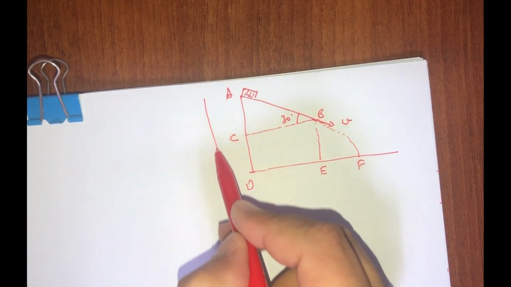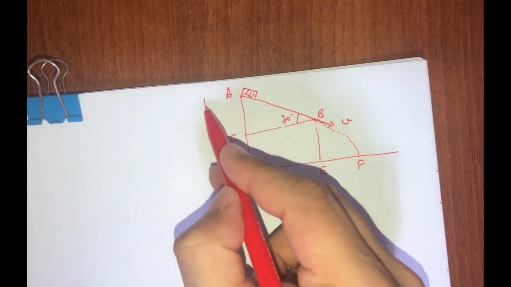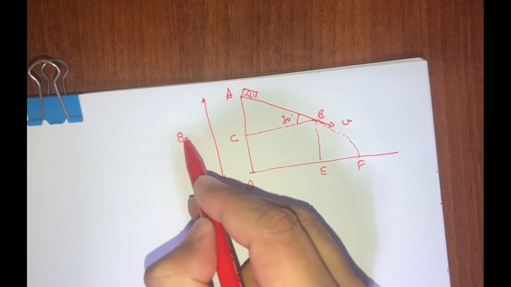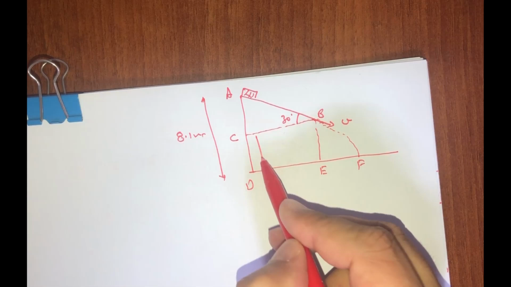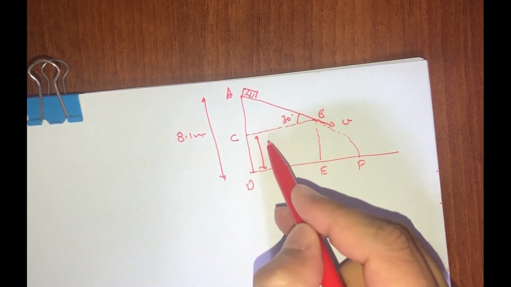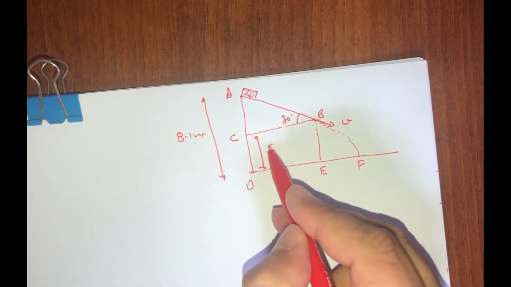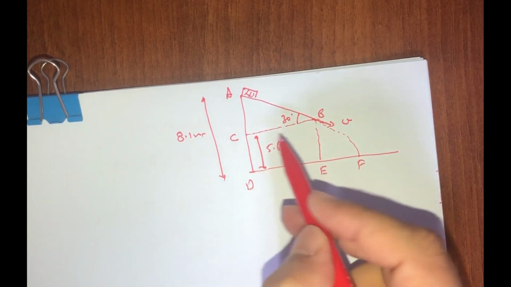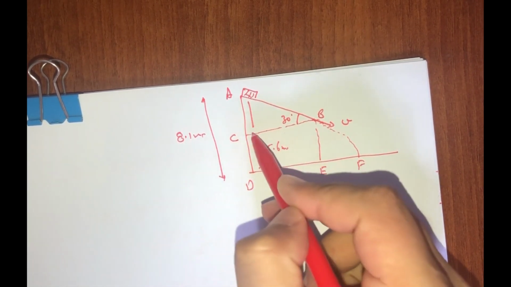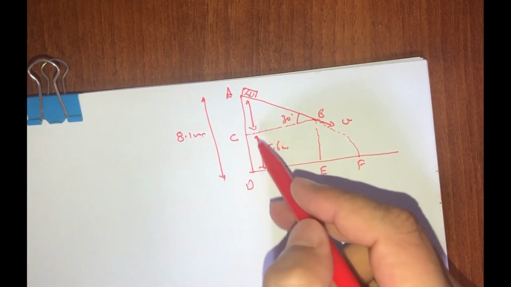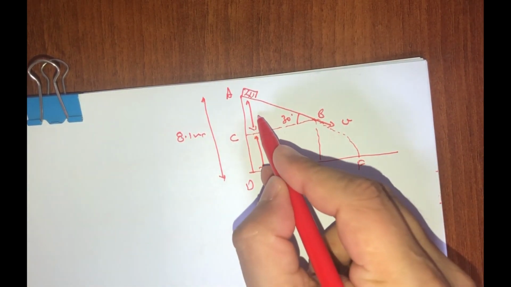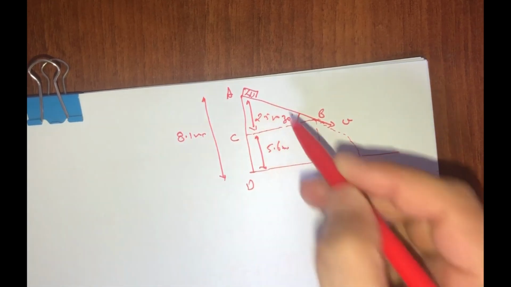AD at the topmost point is given as 8.1 meters and the lowest point is given as 5.6 meters. So this distance AC, if we subtract DC from AD, will be coming as 2.5 meters.